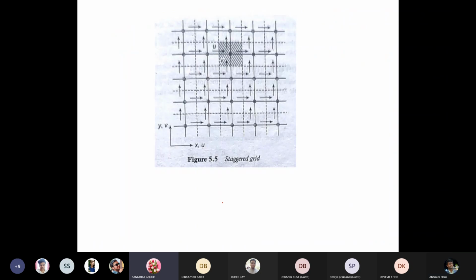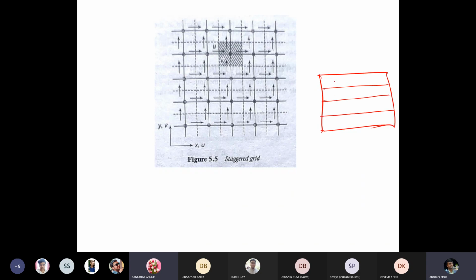Let us consider the approach we have discussed so far, the control volume approach. All these are control volumes, and the values are generally stored at the center. These points are the centers, and these lines are the faces of a particular control volume.